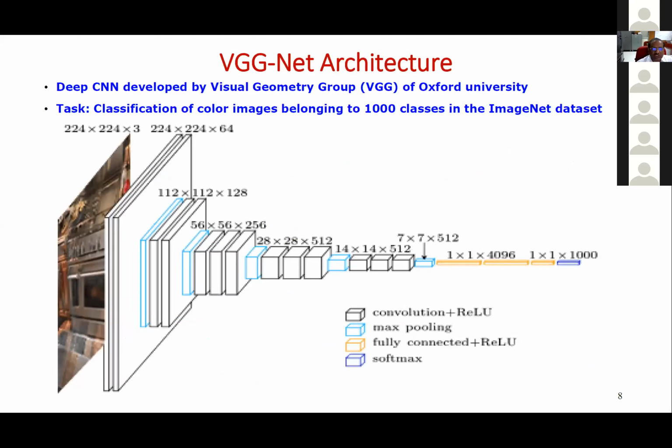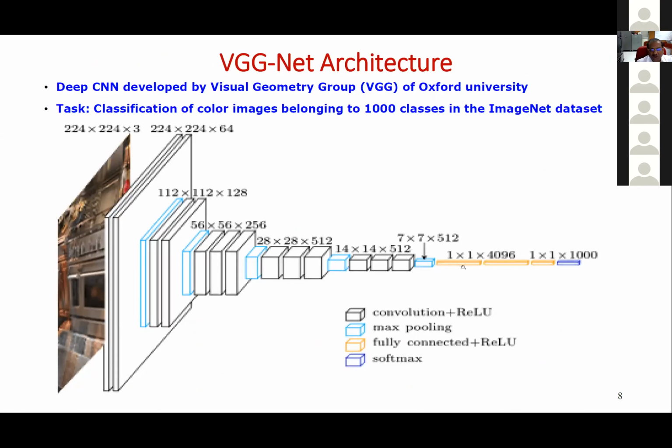One such advanced deep convolutional neural network is called the VGGNet, and it was mainly designed to deal with a very challenging classification task of color images belonging to 1,000 classes in the ImageNet data. As you can see here, the structure of this model is very complex. All these white boxes shown here are the convolutional layers, and the blue boxes are the pooling layers.